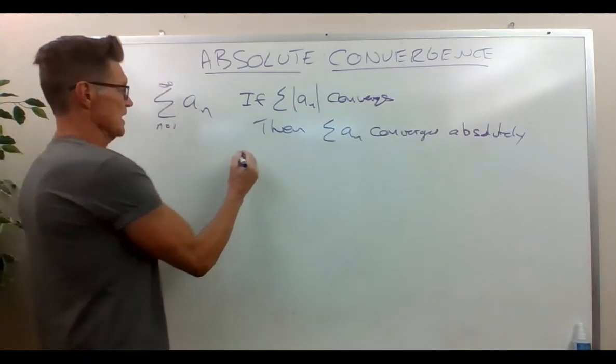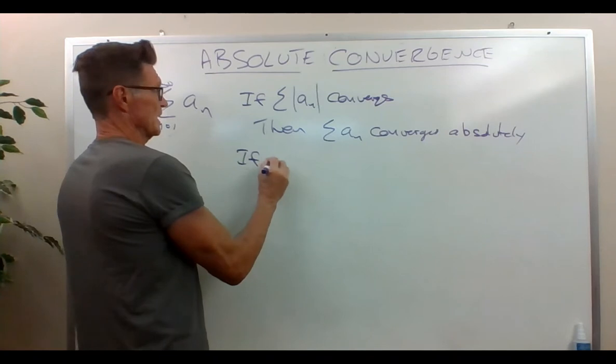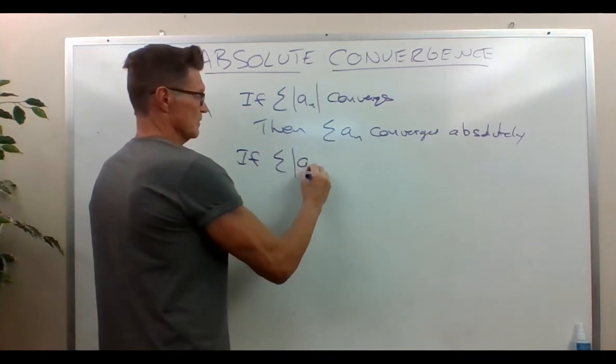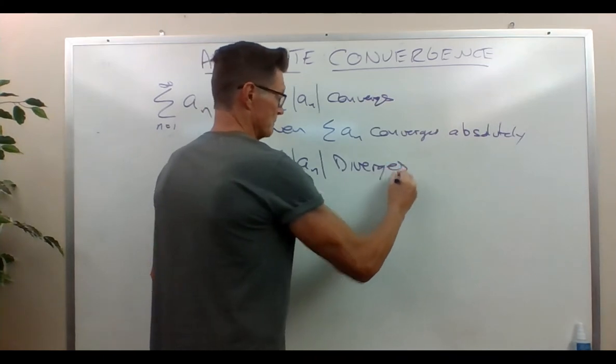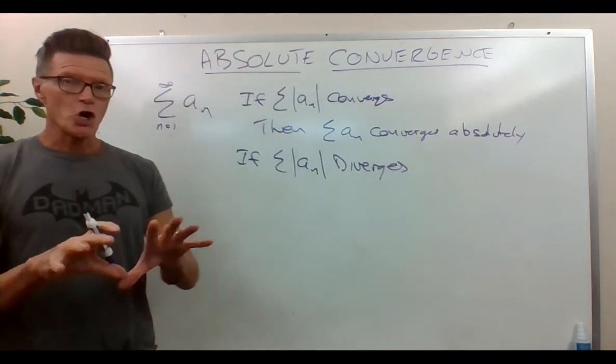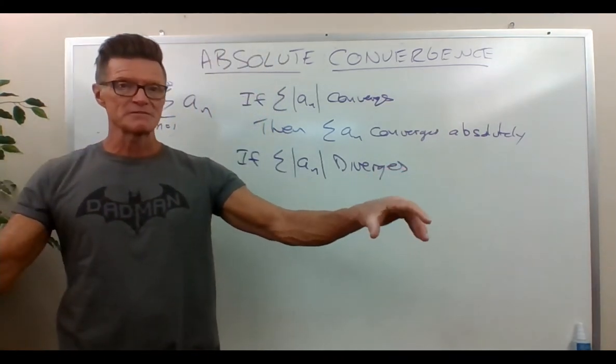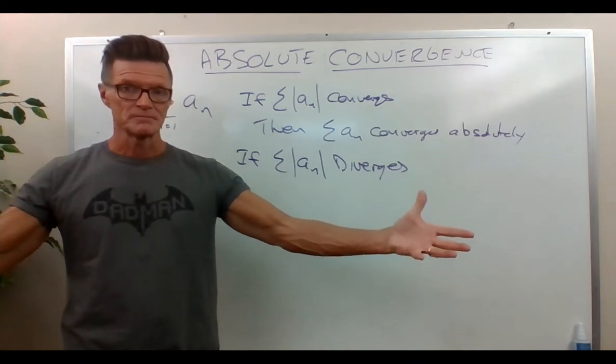On the other hand, if the absolute value of a sub n diverges, that means that when all of the terms are positive, the series diverges.